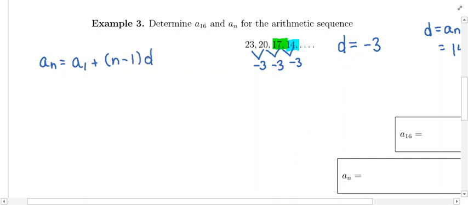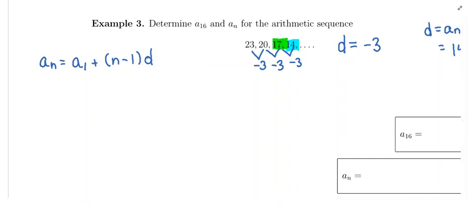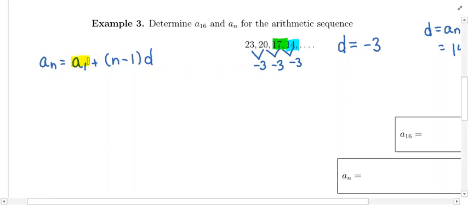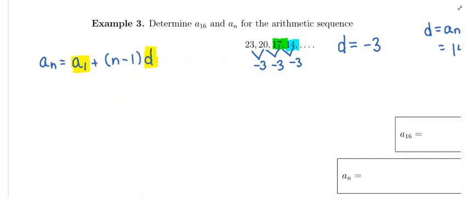This is not the answer yet. This is the generic formula that works for any arithmetic sequence. We have to customize it for this particular sequence. So what do we plug in? Well, we have to plug in the A1 value, and we also need to pop in the D value.